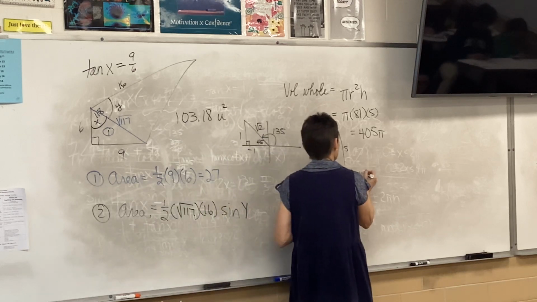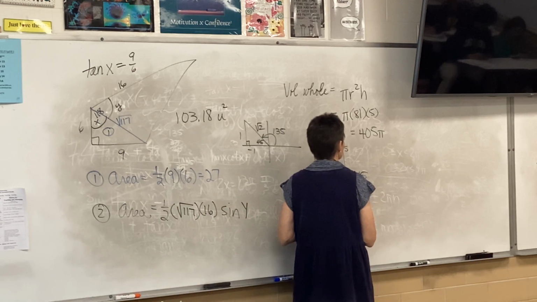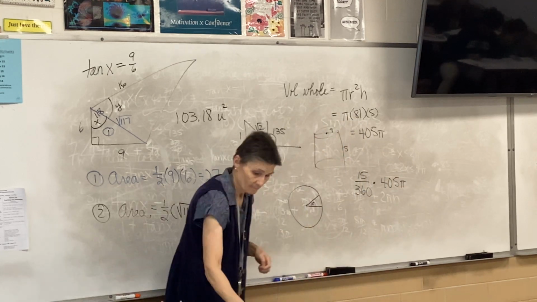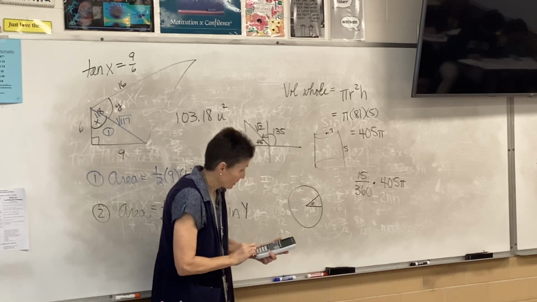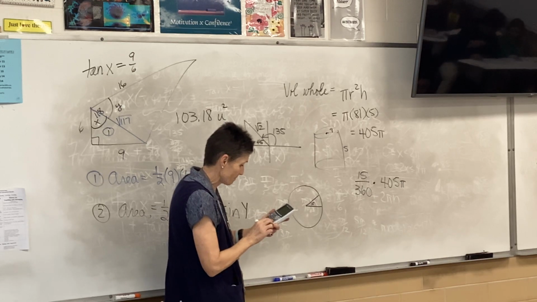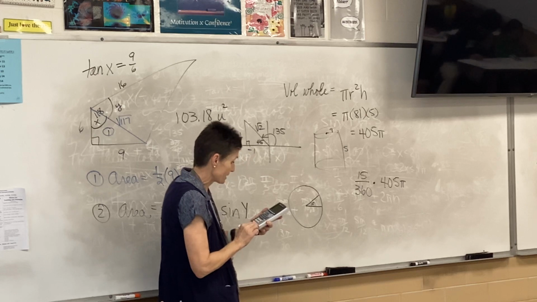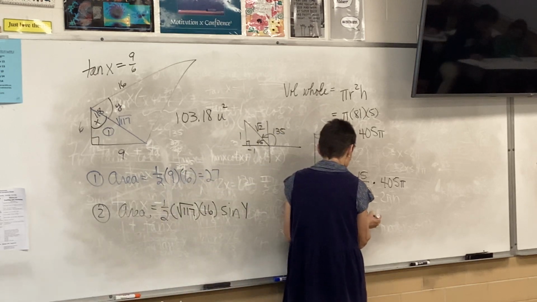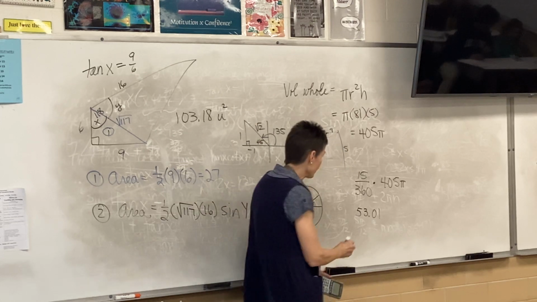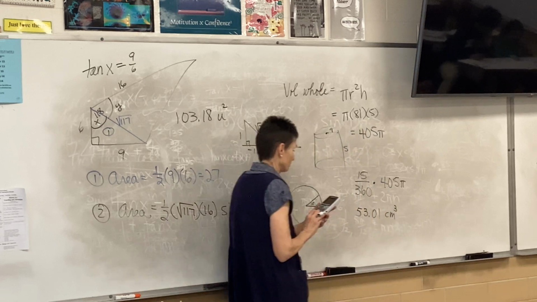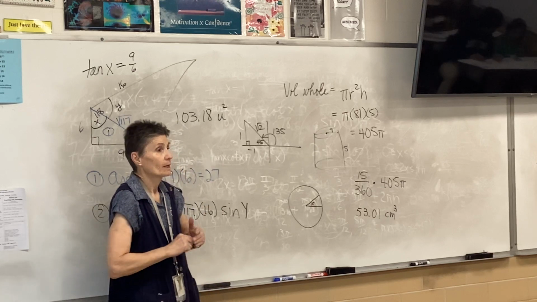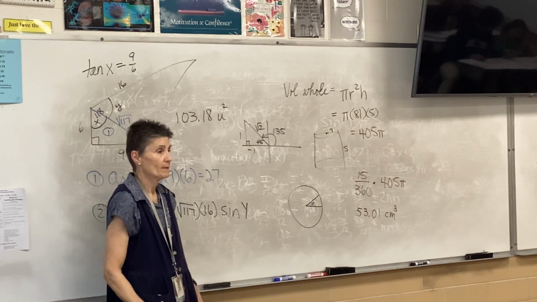So we want 15/360ths of the whole chunk. So 15 times 405 times pi divided by 360. I got 53.01. What's my unit? Cubic centimeters. Anybody else get that?